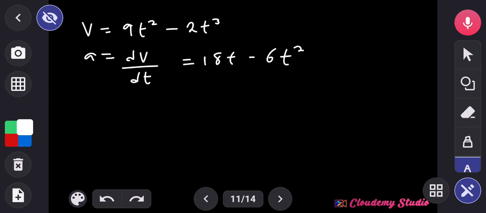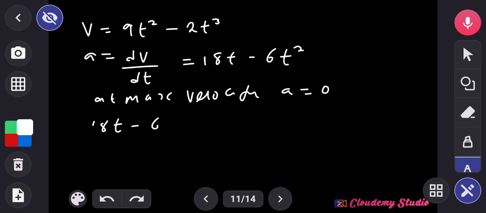You now see that at maximum velocity, acceleration equals 0. We have to understand that. It means that 18t minus 6t squared will be equal to 0. If I factorize the common factor, that is t times (18 minus 6t), will be equal to 0.